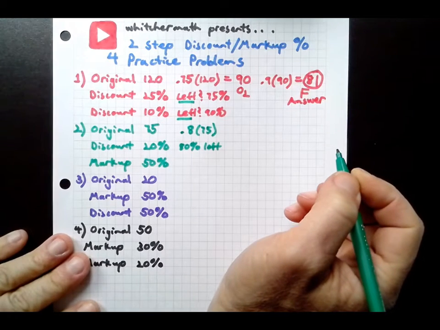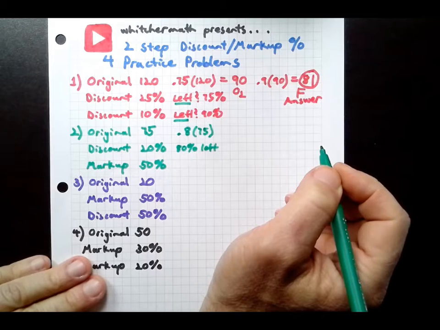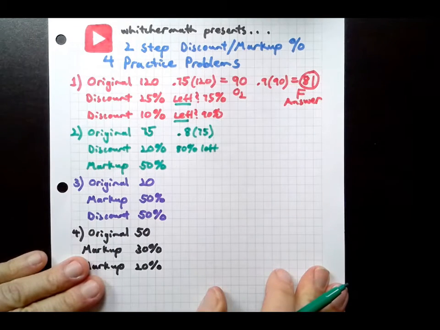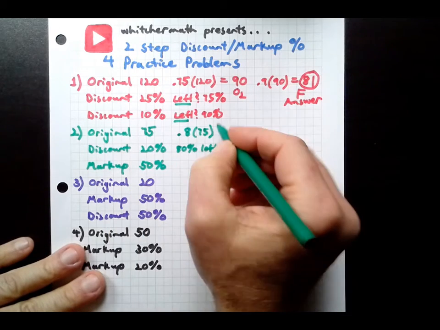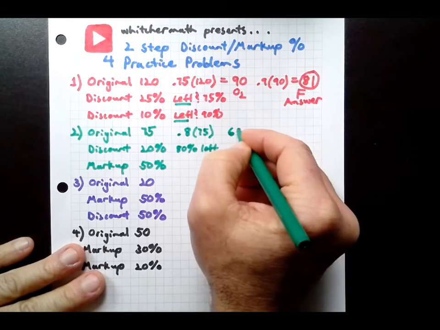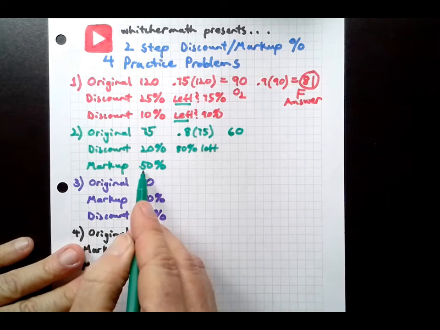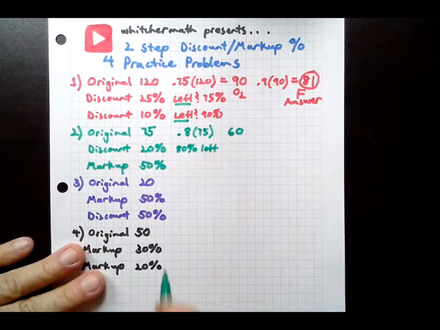I'm just going kind of fast to demonstrate. Basically reinforce the idea that on a 2-stage discount or markup, you always do it in those 2 steps. You take the first discount or markup from the original. In this case, the discount takes it down to 60, and then we're going to mark it up 50% of the 60, not of the 75.